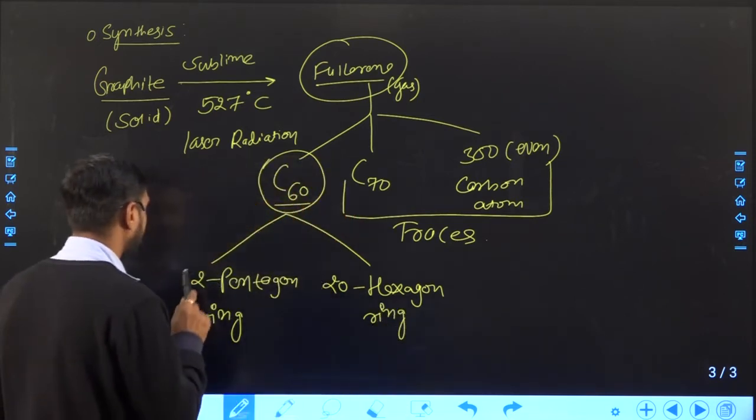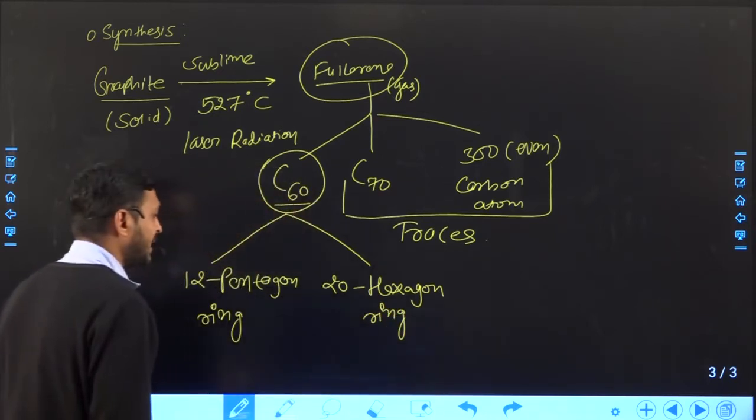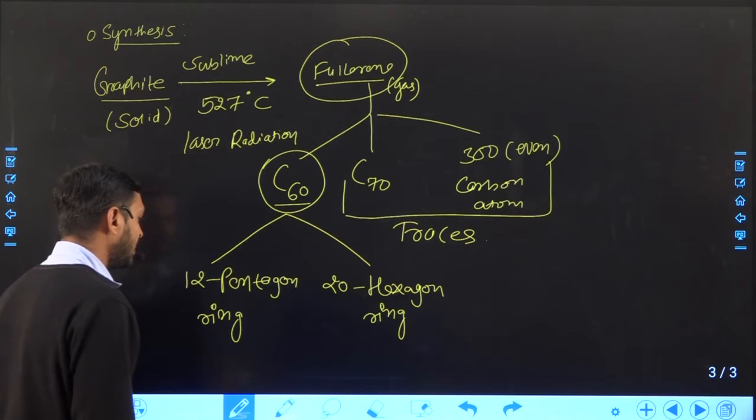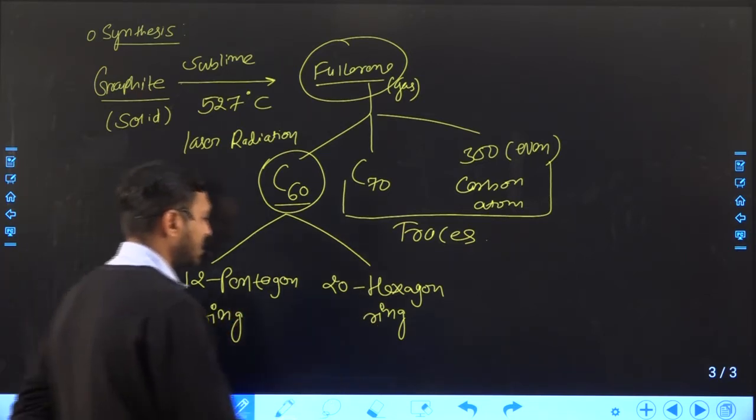Here it contains 12 pentagon rings and 20 hexagon rings. Now what is the meaning of pentagon ring and hexagon ring? Let us try to understand with the help of its structure.